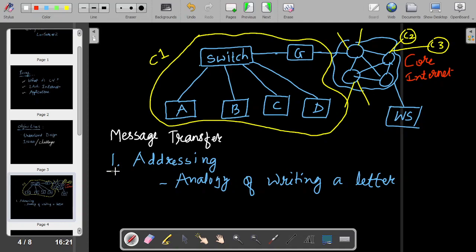And we all know that we put the letter in an envelope, and then on the envelope we write the from address as well as the to address. These are the two things we write. And the to address helps the postal service to deliver your envelope to your friend's home.